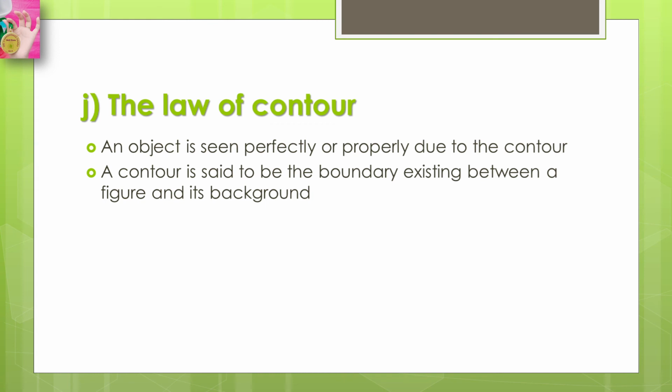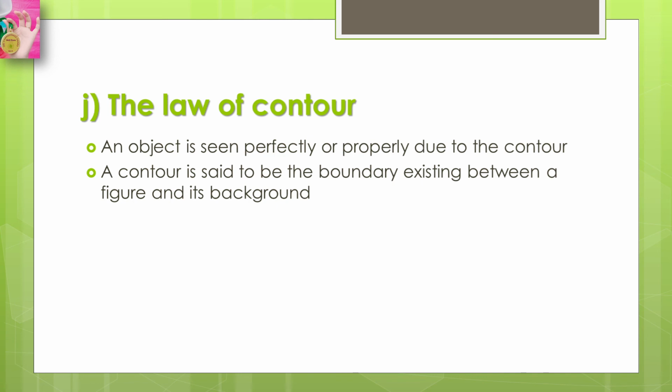So this law of contours helps in organizing perception. If there is no boundary between the figure and ground, then the figure will not be perceived separately from the ground. For example, some clouds in the sky can't be separated from the light blue sky as they look merged, since there is no separate boundary or contour.